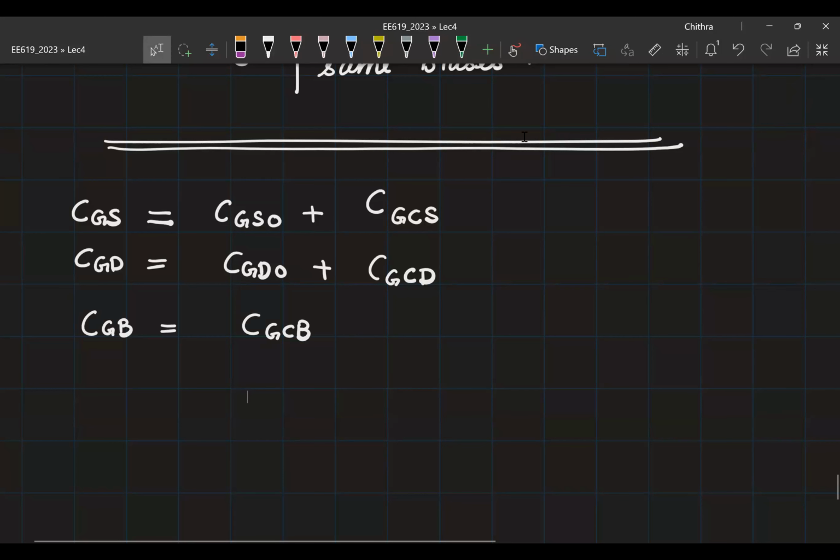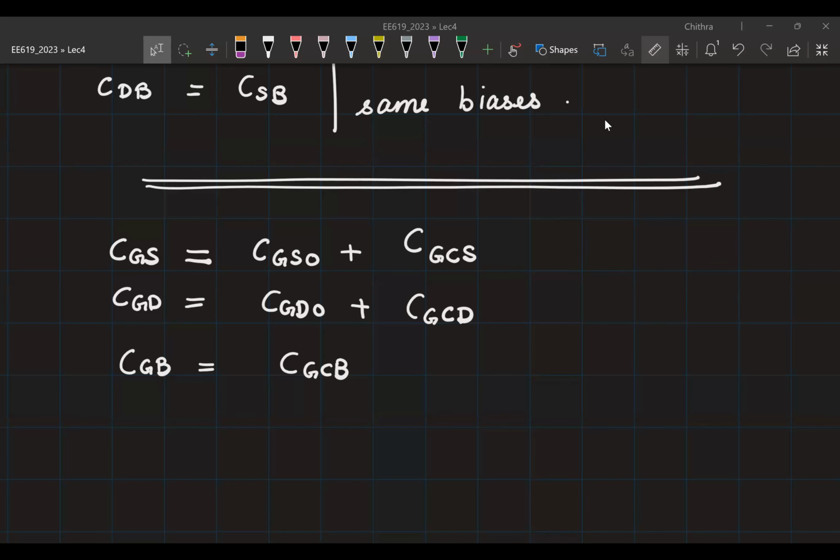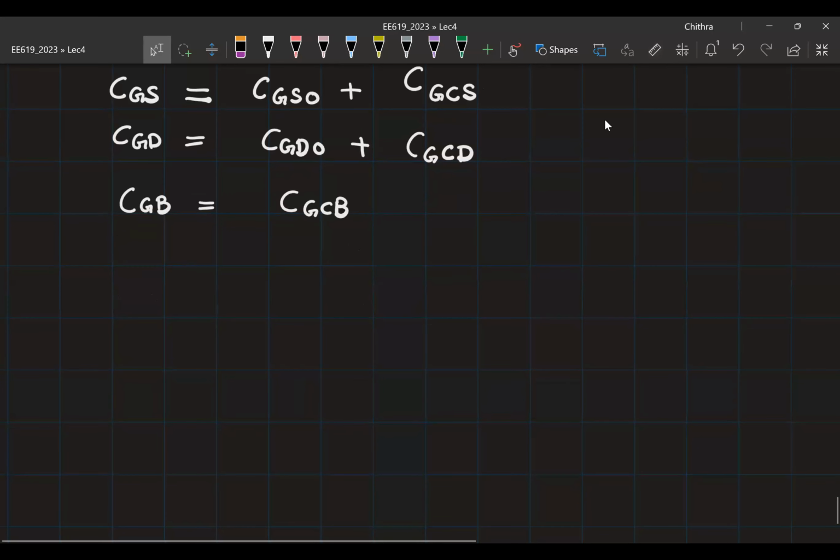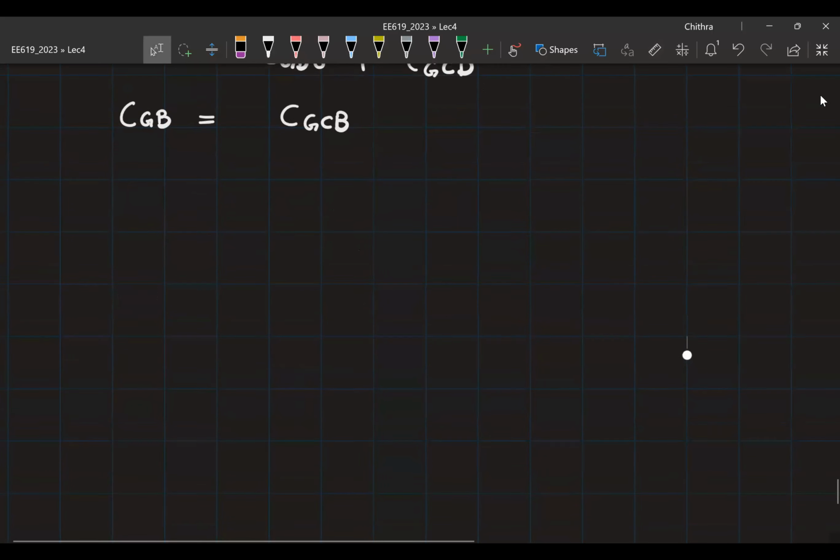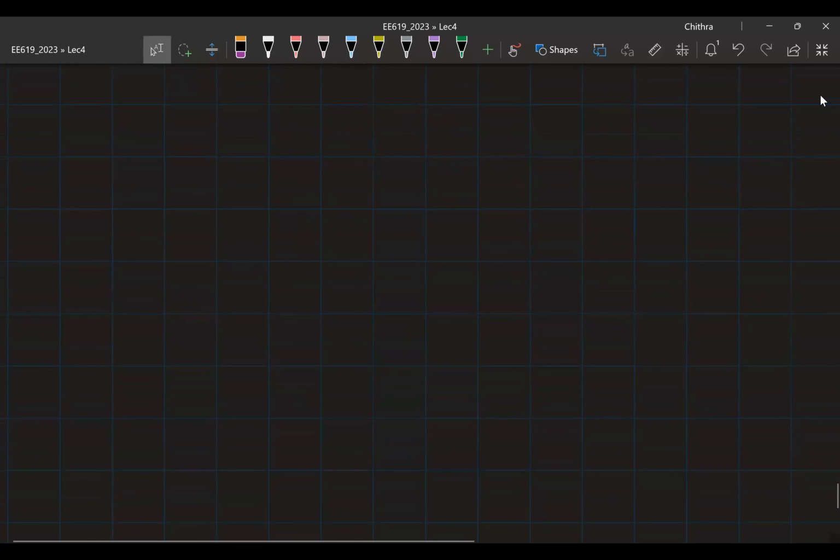Okay, so we'll move on to inverters. I'll cover a small portion on inverters and then we'll continue the lecture in the next slide. So this is probably the most important module in this course, right?